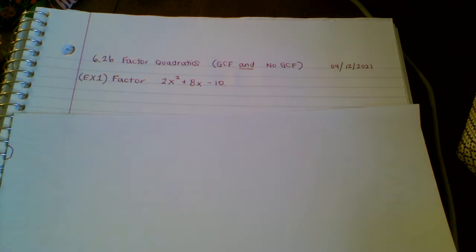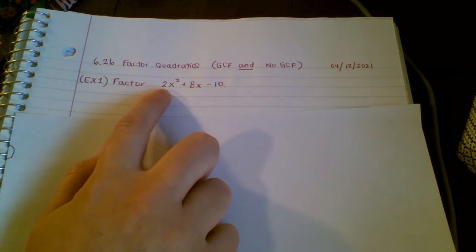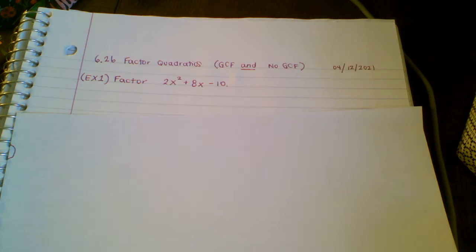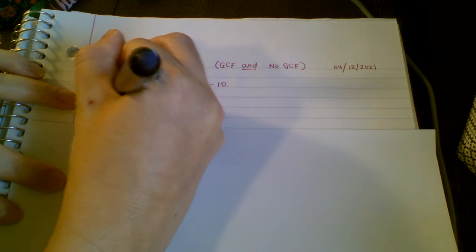So here's the first example. Factor 2x squared plus 8x minus 10. First, we need to factor out the GCF. Step one, write it down.